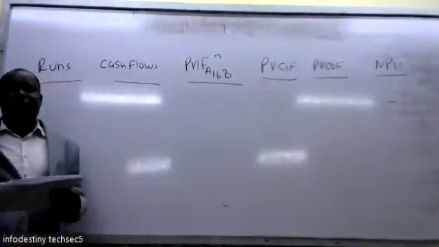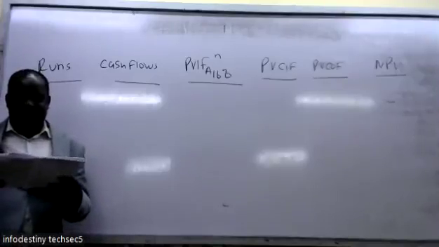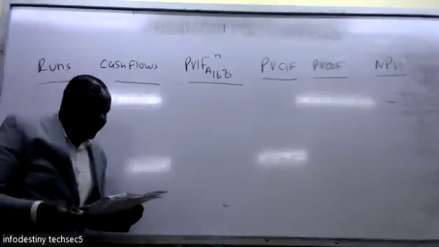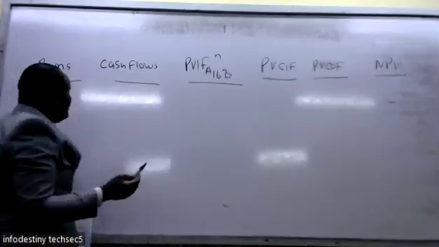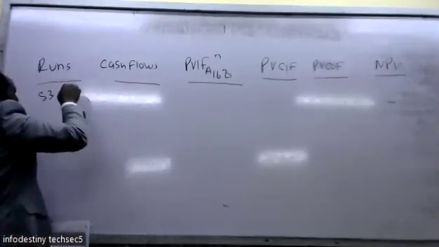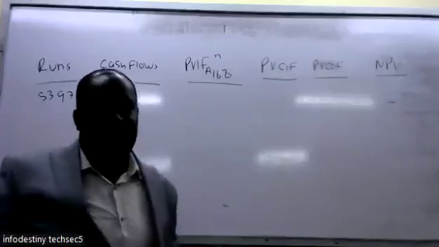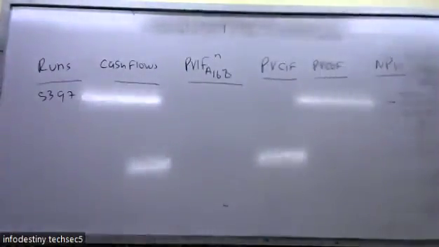So you can see the first run. It was which random number under the Roman letter 1? 5397. So I want you to put the random number range for the cash flows. You can see our random number range for the cash flows.